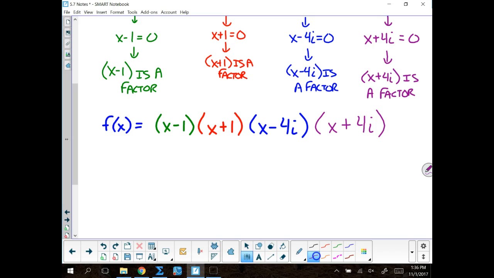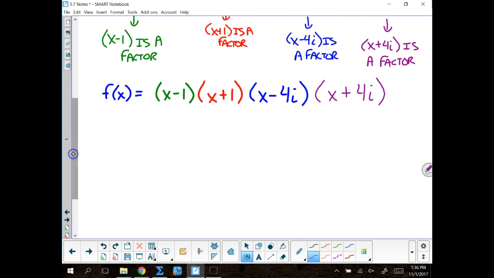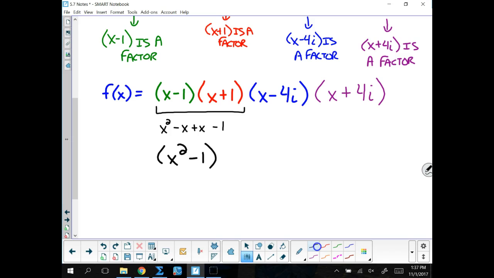Okay. All right, let's do the first two. So that would be x squared minus x plus x minus 1, right? So that becomes x squared minus 1. Agree. Okay. Do these two.